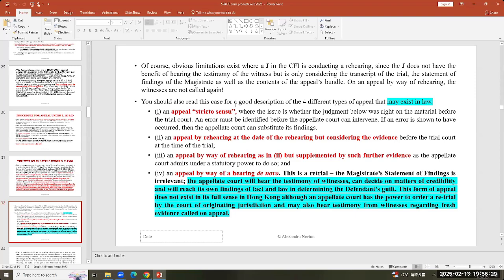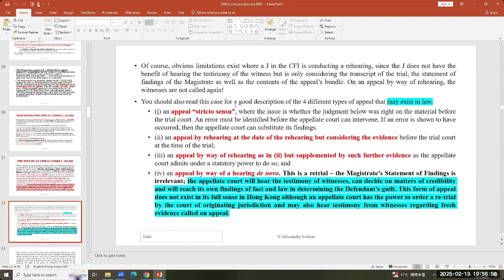Now, we don't really have this appeal by way of a hearing de novo in Hong Kong, because when the appellate court hears the appeal, it's not a retrial. The witnesses are not called to testify. They have the power to order a retrial, but that retrial takes place in the original court where the proceedings were tried, so the magistrate's court, district court, or CFI.